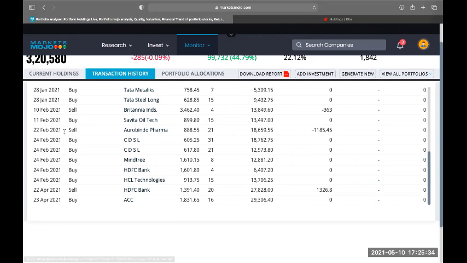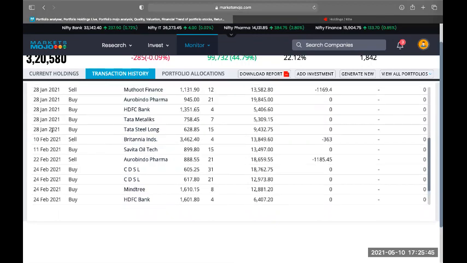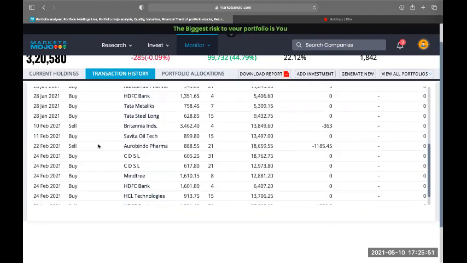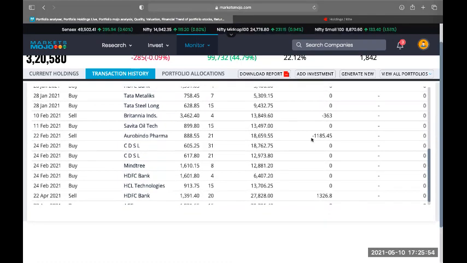Or even over here, on 22nd of Feb, my maximum loss was just 1,185 rupees on Aurobindo Pharma, which was booked on 22nd of Feb, and I bought it on 28th of Feb. Within a month's time, since the parameters were not good for Aurobindo Pharma, they asked me to exit, and I did that. I booked my 1,185 rupees loss.